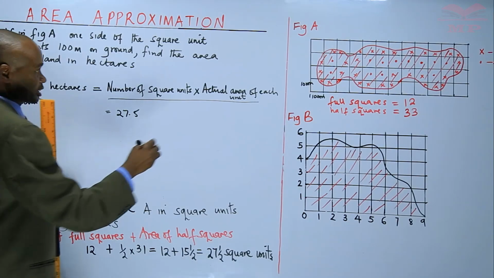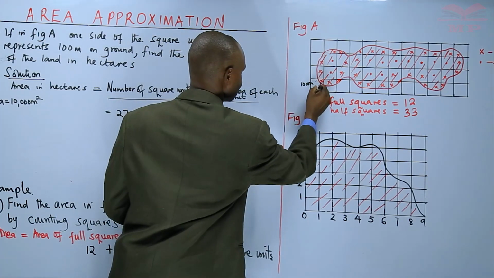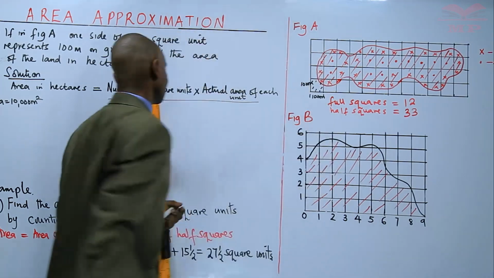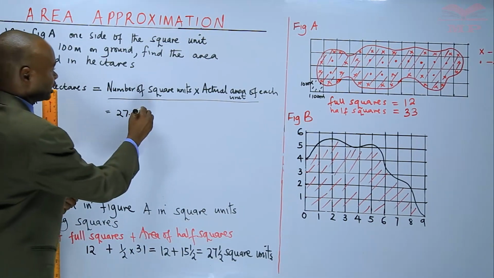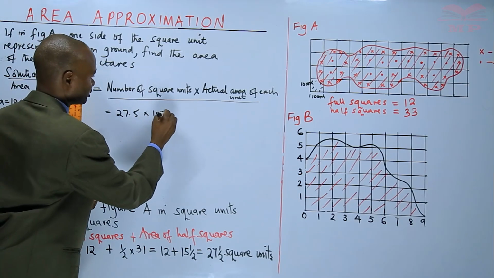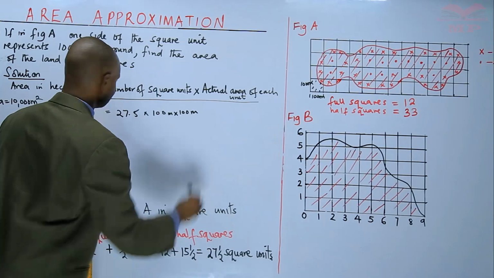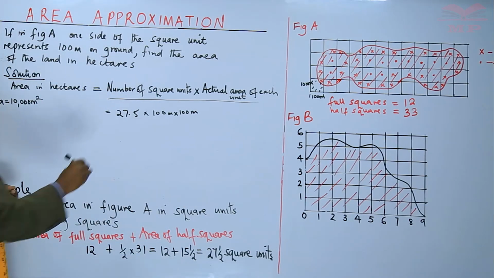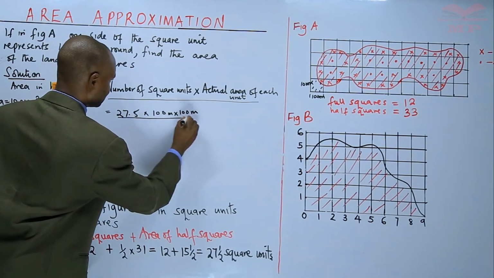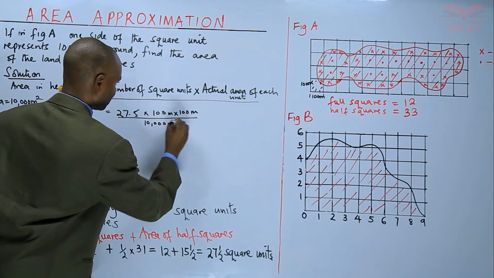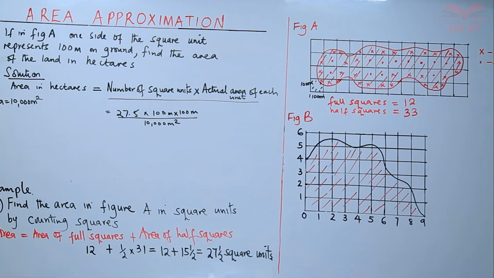Each square unit, I'm talking about these, because they said one side is 100, the other one is 100. So the area of each is 100 meters times 100 meters. So I'll divide by 10,000 meters squared, which is equivalent to 1 hectare.